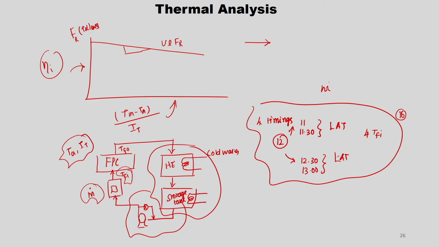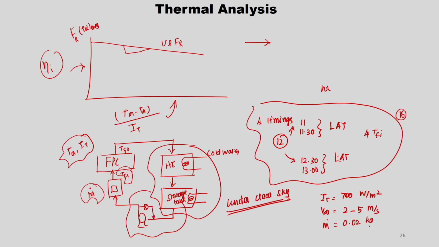When doing so we are supposed to maintain clear sky conditions. This test has to be performed under clear sky. The I_T should be around 700 watt per meter square, the wind velocity should be around 2 to 5 meter per second, and the mass flow rate should be at least 0.2 kg per second.